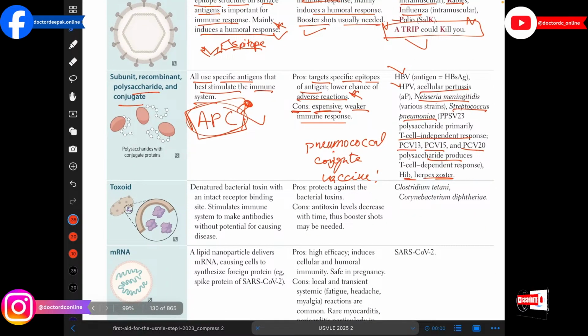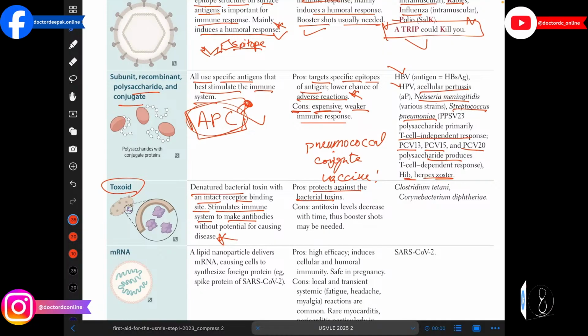We talk about the toxoid. In the toxoid, there is a denatured bacterial toxin with intact receptor binding sites, and they stimulate the immune system to make antibodies without the potential of causing disease. They just bind with the antibodies and give the response, and they do not cause any disease.